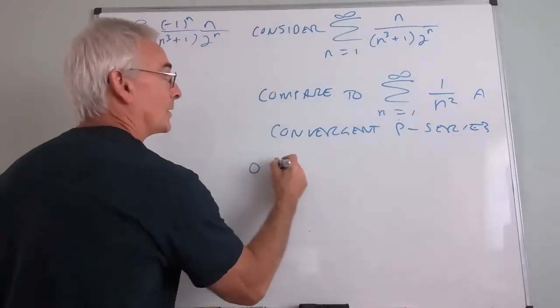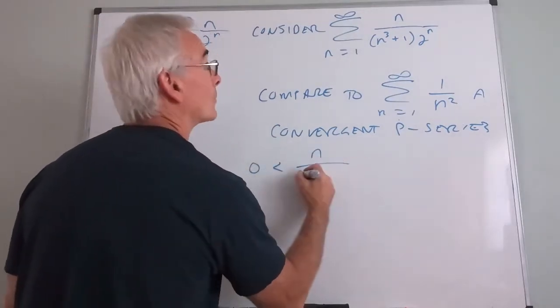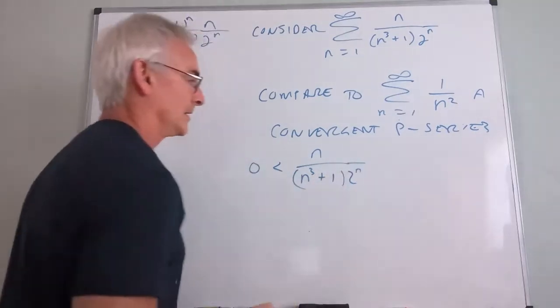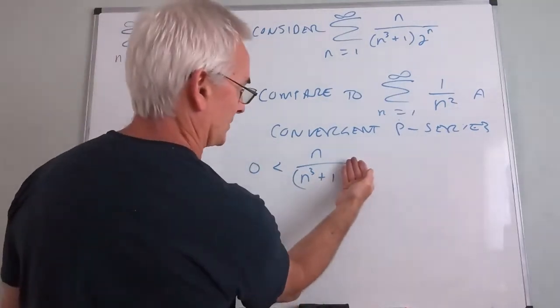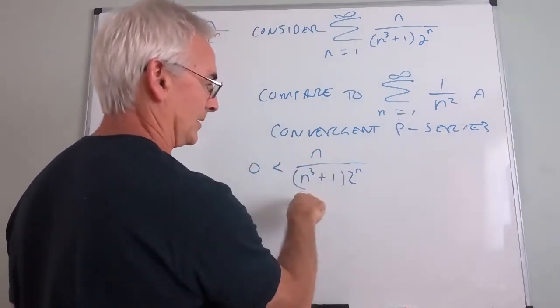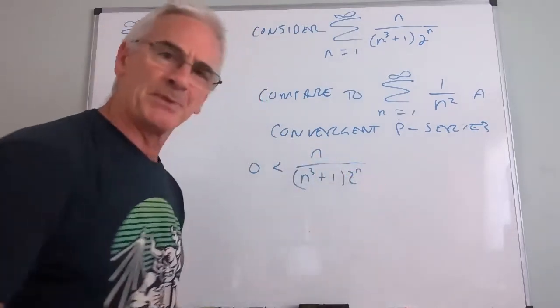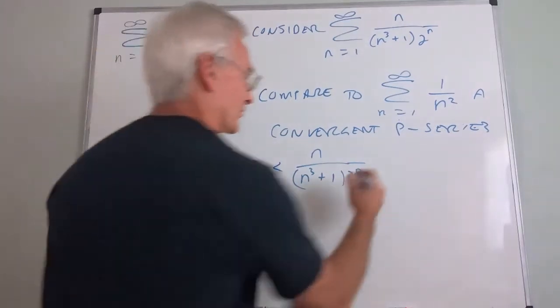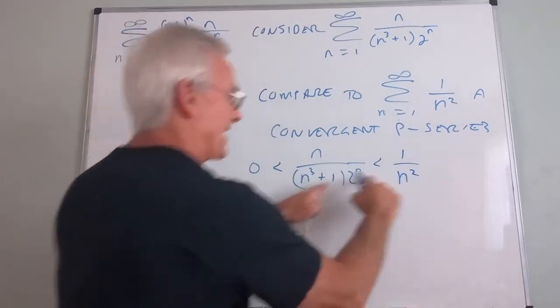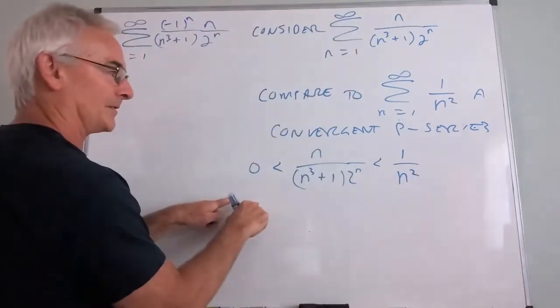Now, 0 is smaller than n over n cubed plus 1 times 2 to the n. Heck, if the 2 to the n wasn't there, this is already smaller than 1 over n squared. But I also threw an exponential function in the denominator. So this is really smaller than this guy. This guy's way smaller than this guy, yet positive.